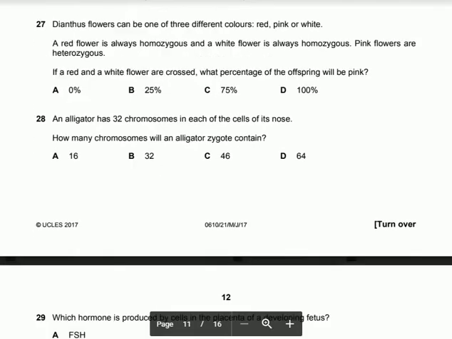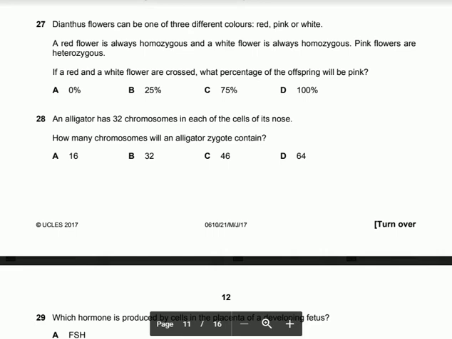Moving on to question number 27. Dianthus flowers can be one of three kinds of colors: red, pink, or white. A red flower is always homozygous, and a white flower is always homozygous. Pink flowers are heterozygous. If a red and a white flower are crossed, what percentage of the offspring would be pink?